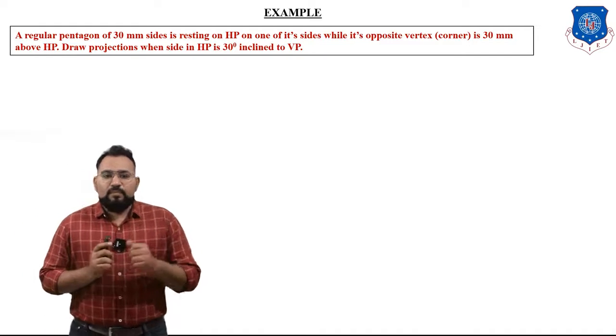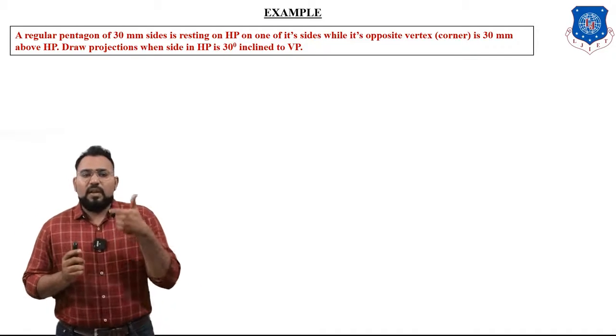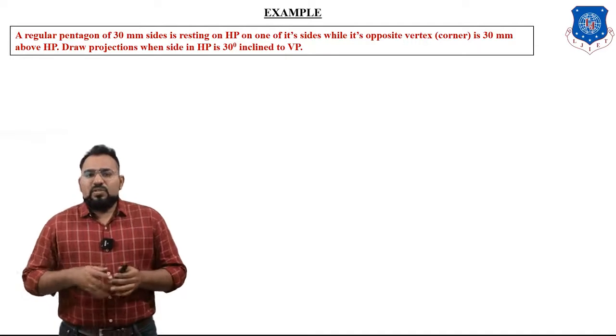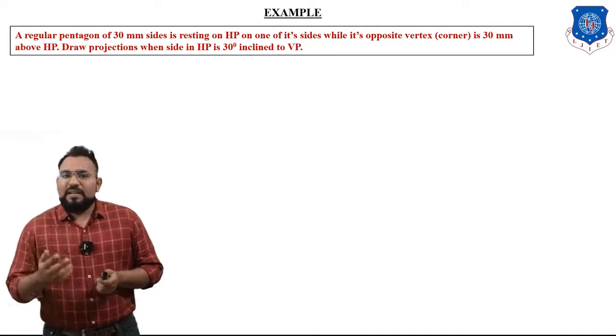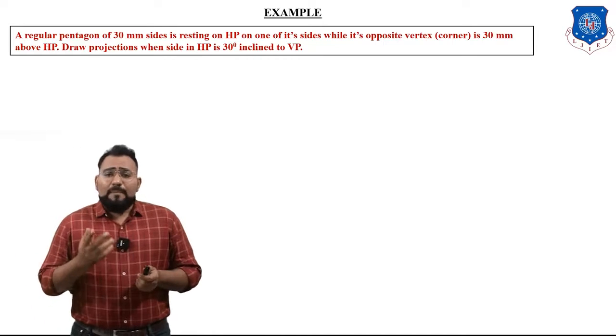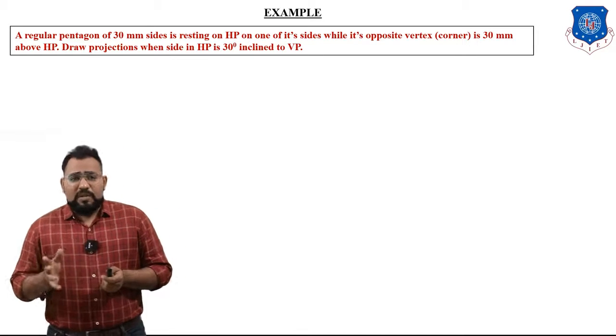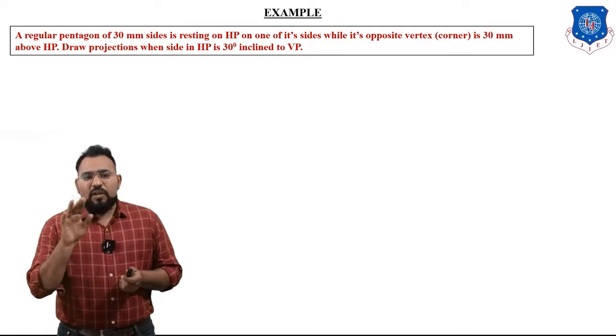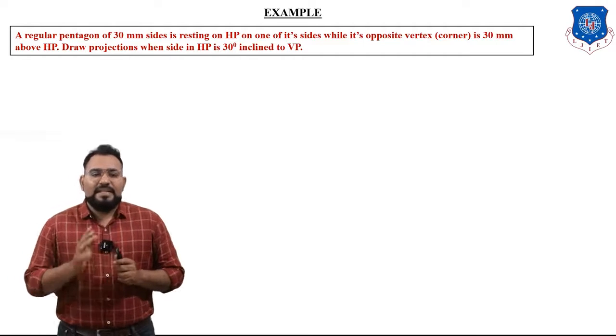Now the side of the regular pentagon is 30 mm, so we have this dimension with us. First thing you have to ask is whether this geometry is resting on HP or resting on VP. For that we read the statement again: a regular pentagon of 30 mm side is resting on HP.